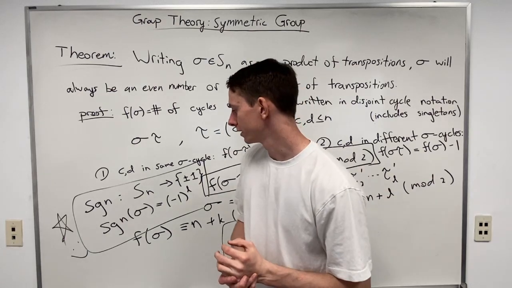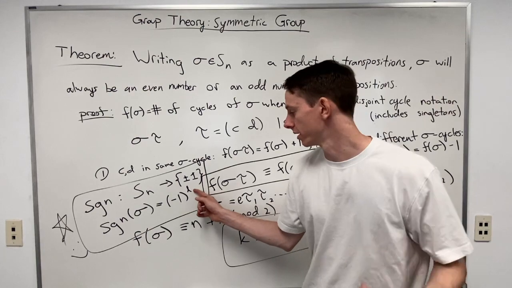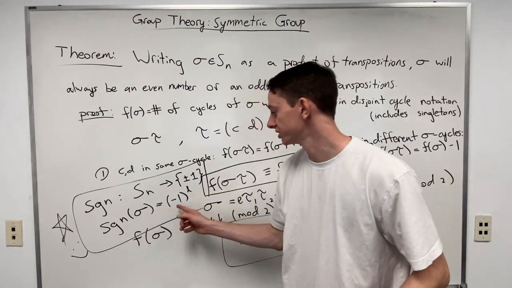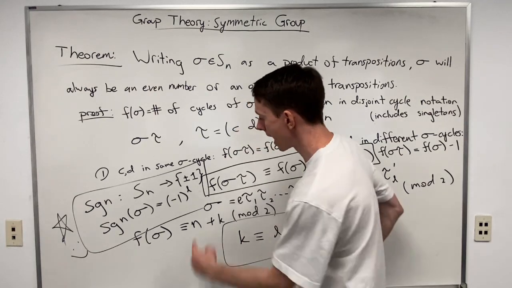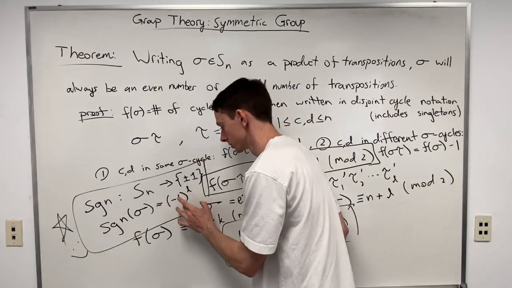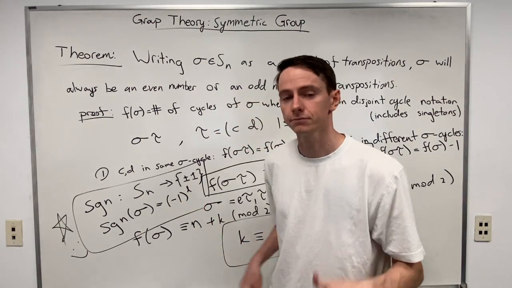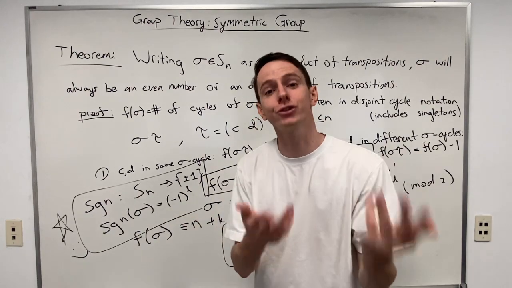If you have an odd number, then L would be an odd number, and the sign of that permutation is -1. If you have an even number of 2 cycles, L is some even number, and then the sign of your permutation is +1. That's how you determine the sign of a permutation.